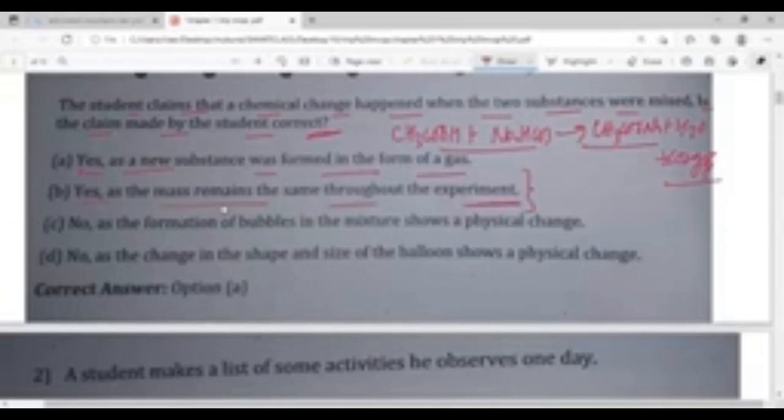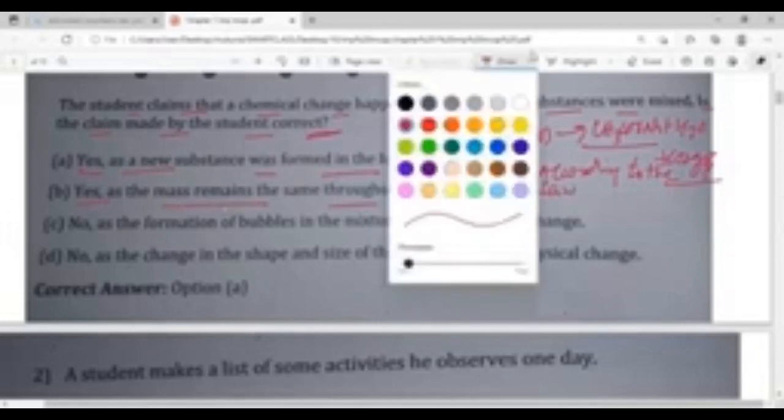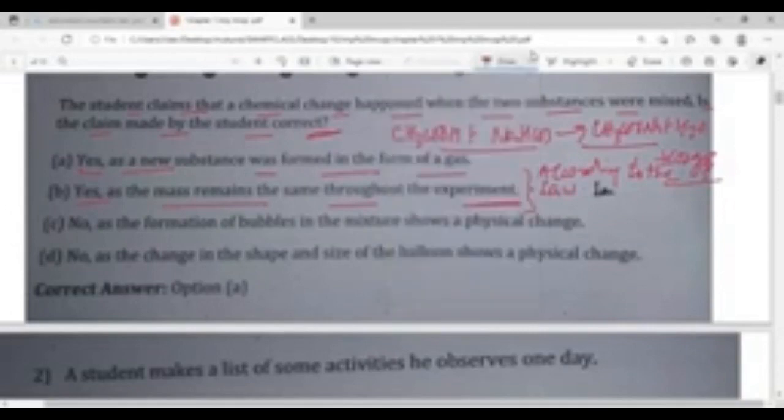Now this, as the mass remains the same throughout the experiment, is according to the law known as the law of conservation of mass.